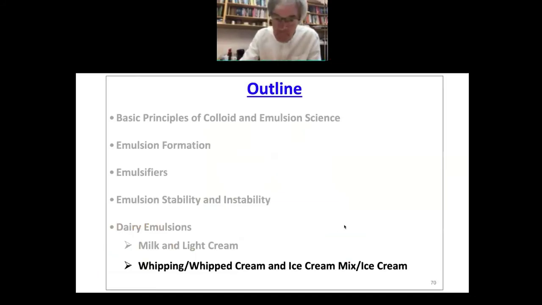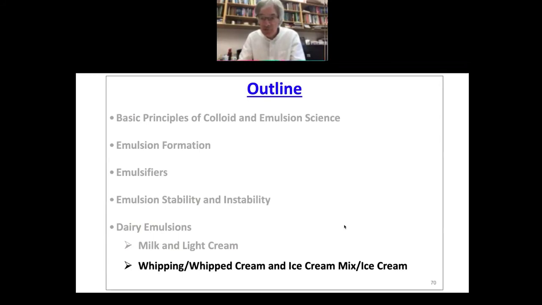Now, I want to also show you two great examples of dairy systems: whipping and whipped cream, and then ice cream mix and ice cream. These are complicated systems because we want to induce a controlled level of instability that's going to lead to the formation of a fat globule network. And it's the fat globule network that conveys the structure to whipped cream and the colloidal structure to ice cream.